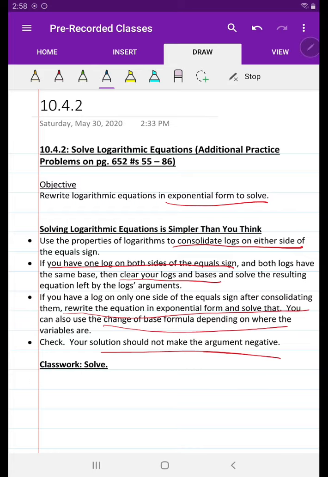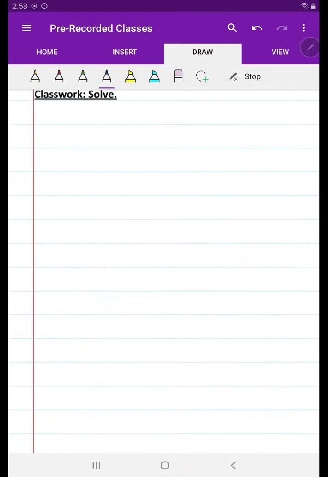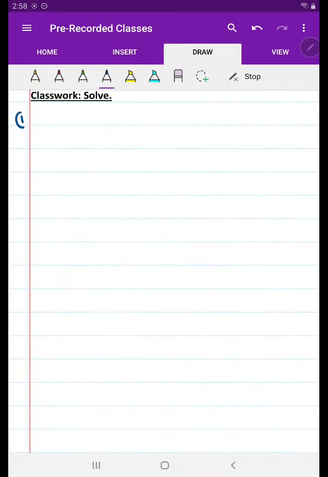For number 1, we're given log base 5 of x plus 1 equals 2. This is a situation where we only have one log in the whole equation, so we're going to convert to exponential form. I'll have my base of 5, my exponent of 2, and that equals x plus 1.